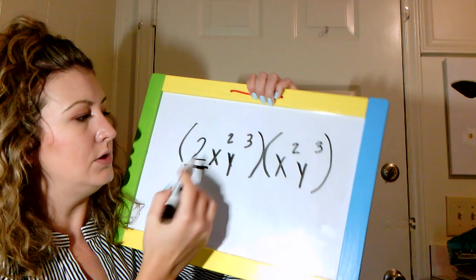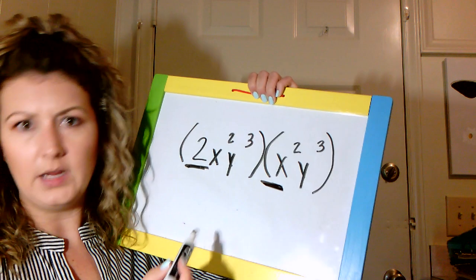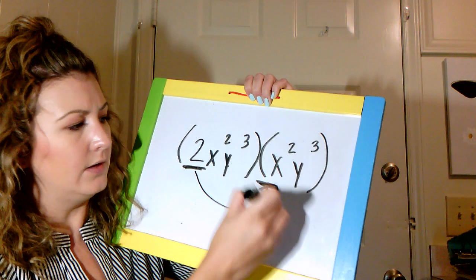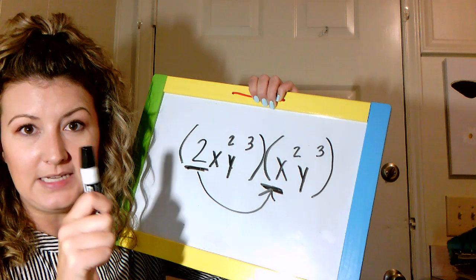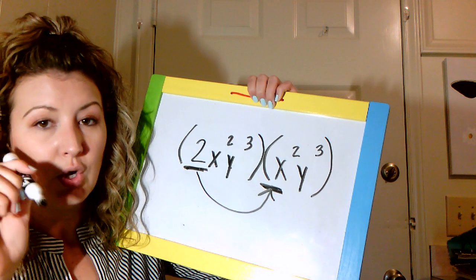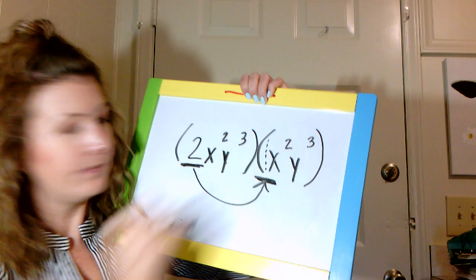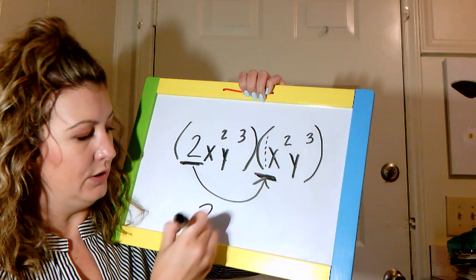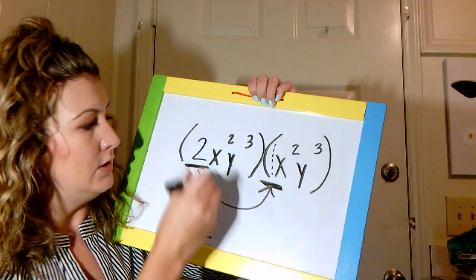So when I multiply this 2 to my number over here, some of you are like, what coefficient? I don't see anything there. What is the coefficient if you can't see it? It's our imaginary 1. So 2 times 1 is just 2. Now we just add exponents.